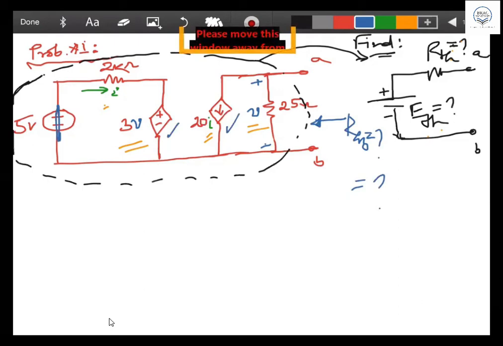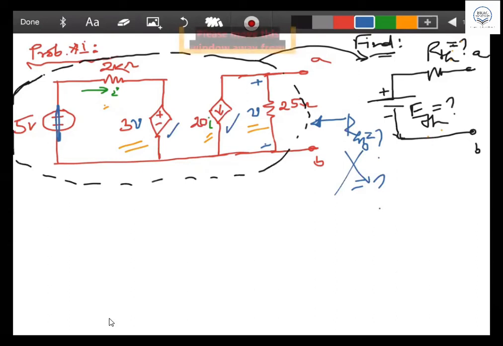So when the dependent sources are present, R Thevenin will not be the first option. You cannot find the R Thevenin first. Rather, the other way around. You have to find the V Thevenin first, then you find the R Thevenin. You understand? It will be opposite. Do you get my point?